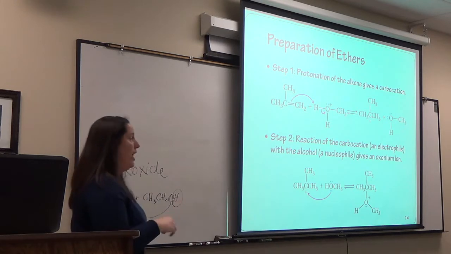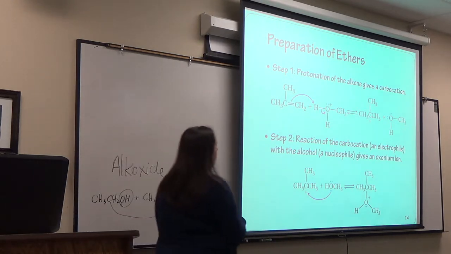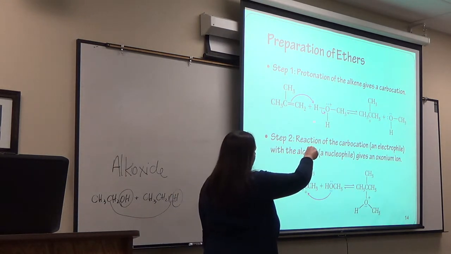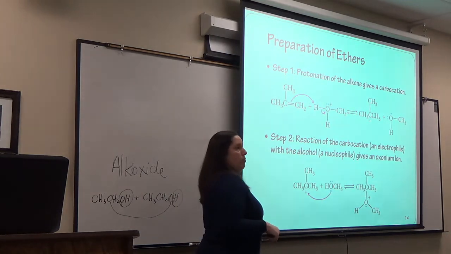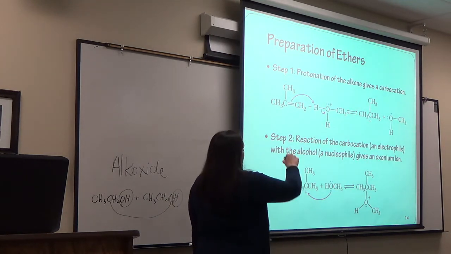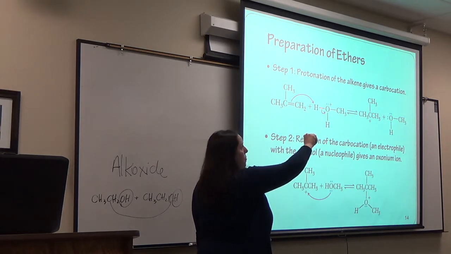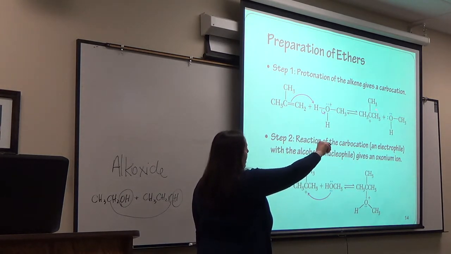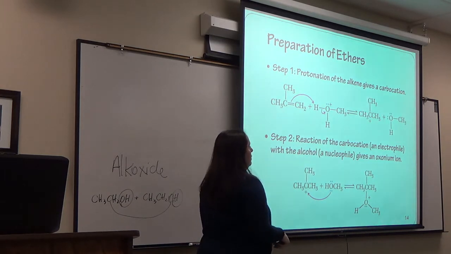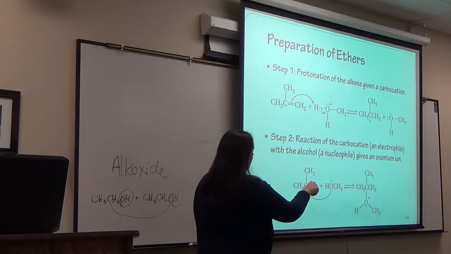And we're doing acid-base also in that first step. So again, we need to protonate, so make that oxonium ion, and in this case, it's going to allow us to open the double bond by picking up the hydrogen. So it makes a carbocation, and then the carbocation gets attacked by our alcohol.